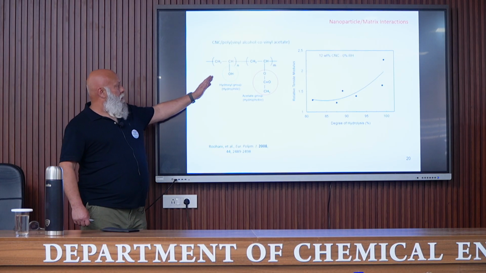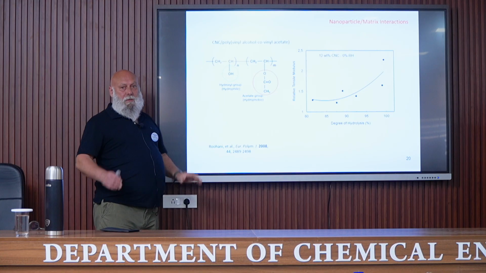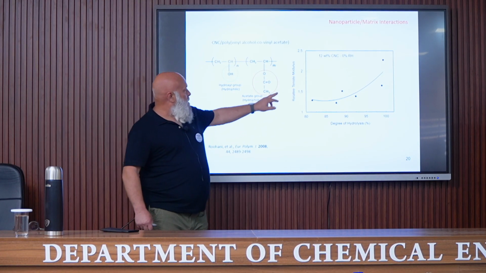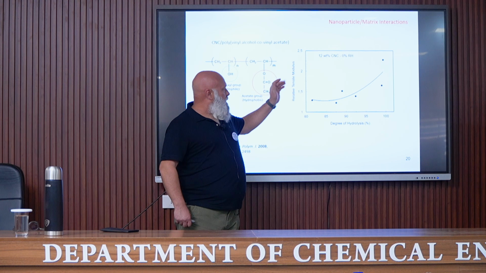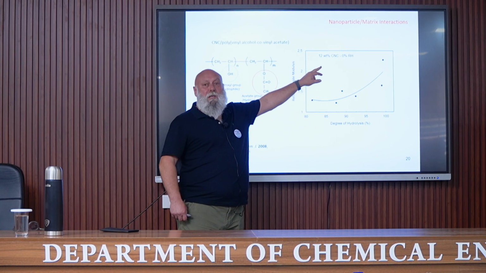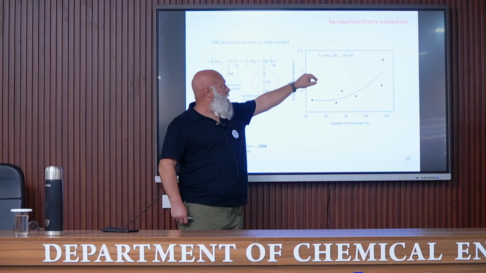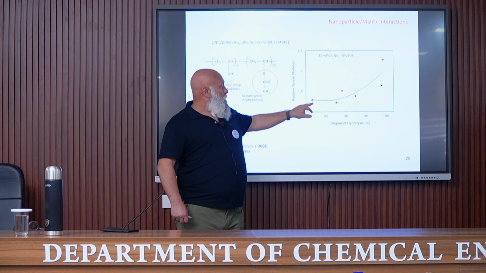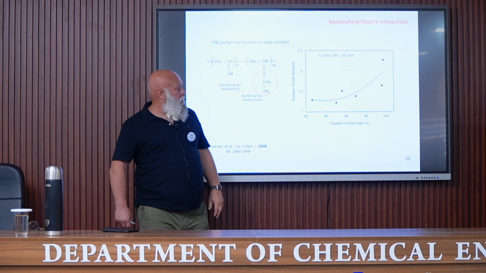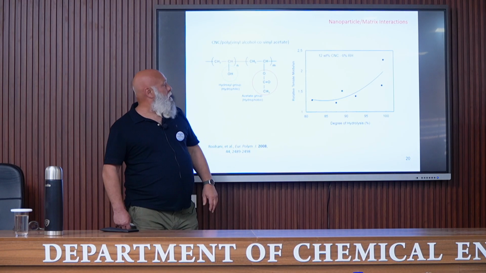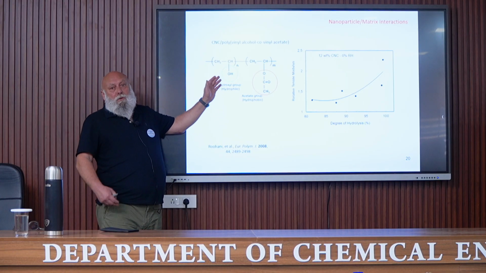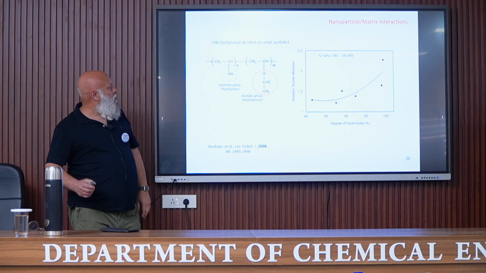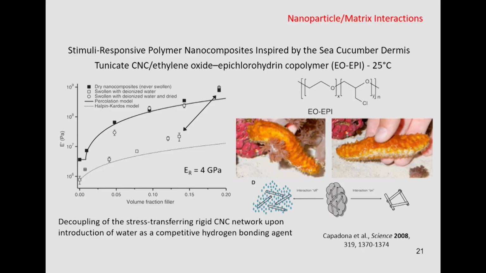And we can change the ratio of these two monomers, and by plotting the modulus, or in this case the relative modulus, for composites that were stored at 0% relative humidity and with 12% nanocrystals, we can see that there is an increase in the modulus when increasing the degree of hydrolysis, or the number of OH groups in the matrix.